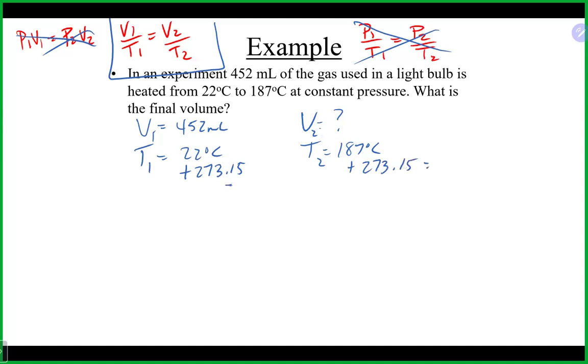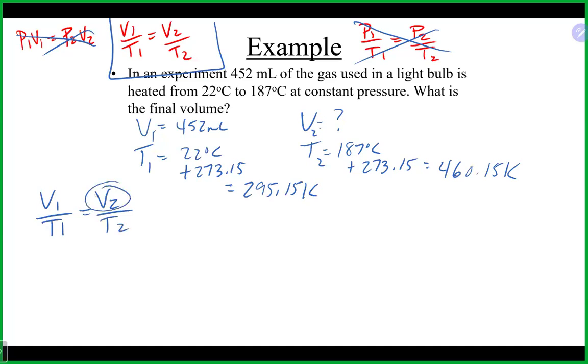So 22 plus 273.15 is 295.15 Kelvin, and our 187 plus 273.15 is 460.15 Kelvin.